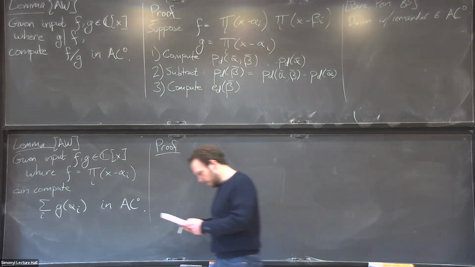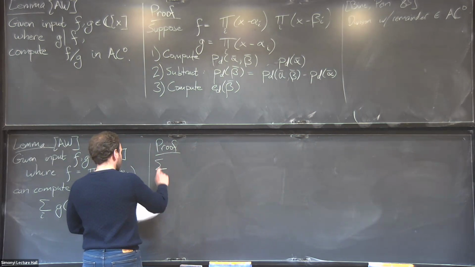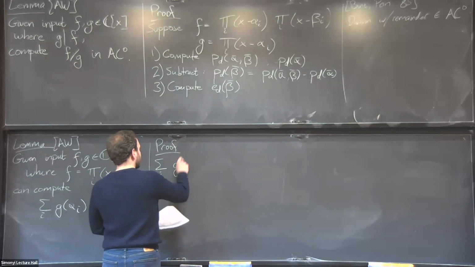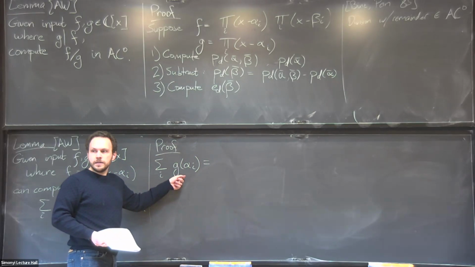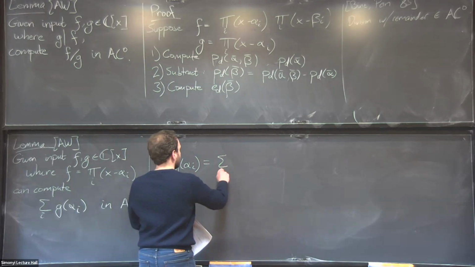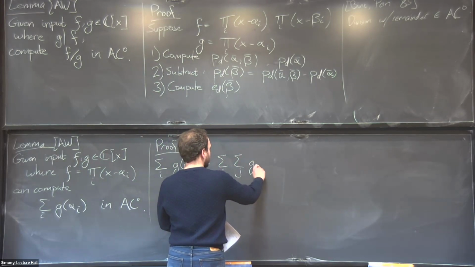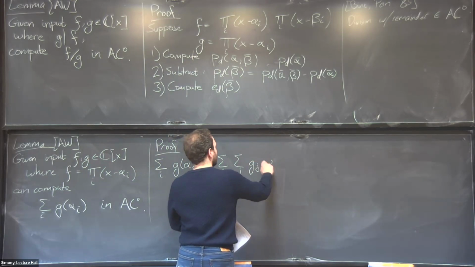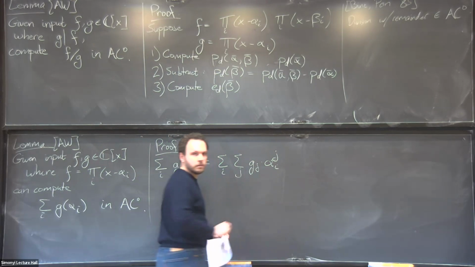No. It's a two-line proof. And the only trick is to change the order of summation. So let's expand this in terms of the terms of g. So here, what is this? Well, I have the jth coefficient of g times alpha i raised to the power j.